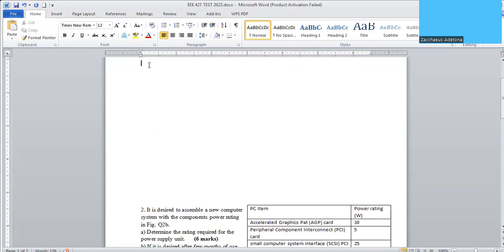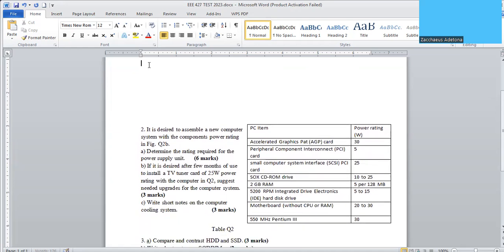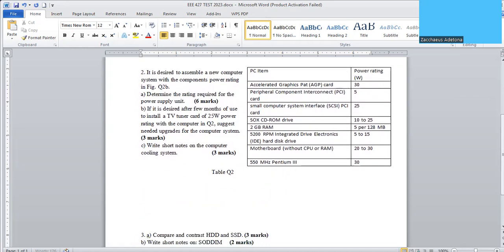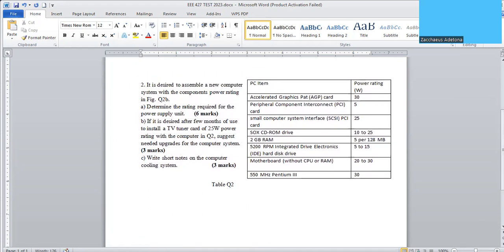The second question is about power supply units, still about the power supply units. We have the table here that gives us the rating of various components.